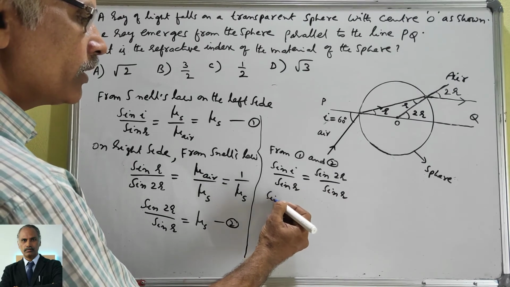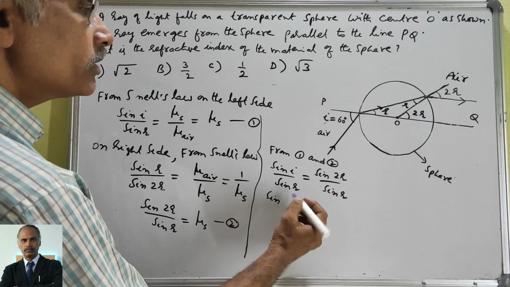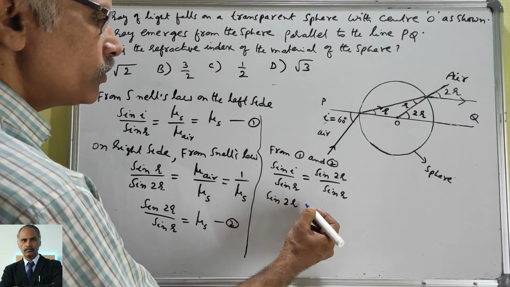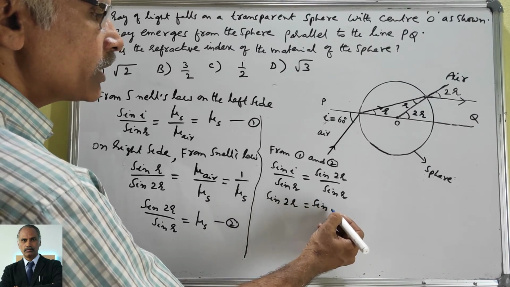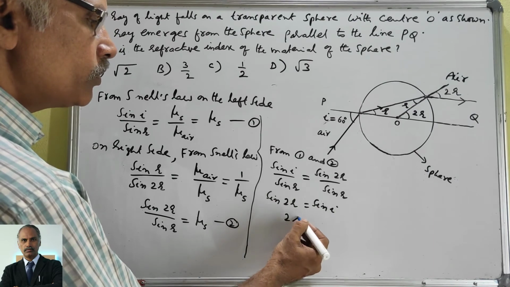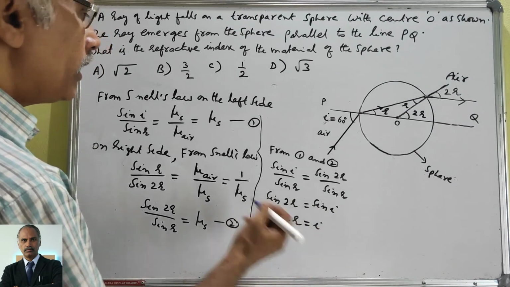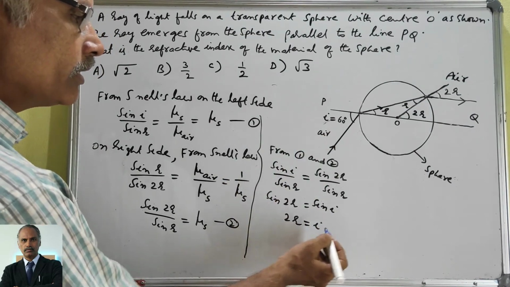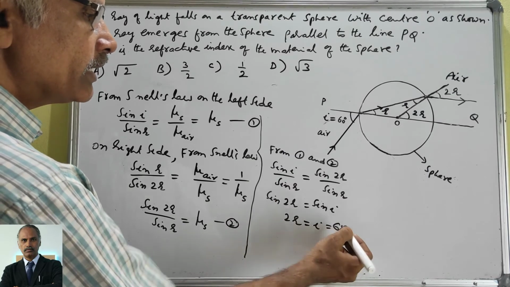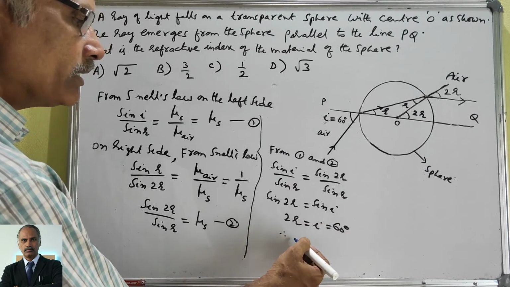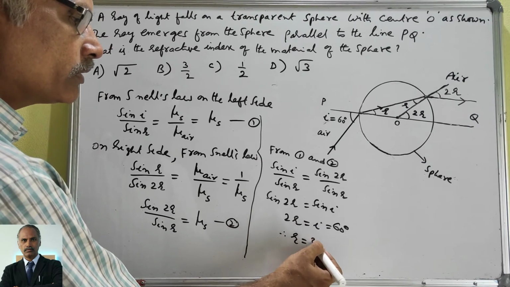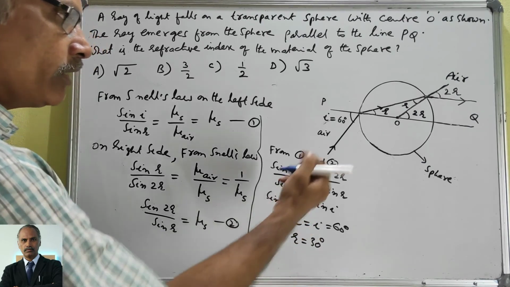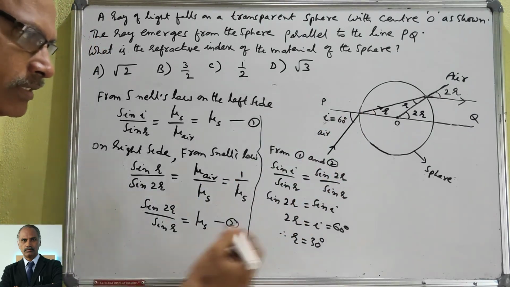From here you get sin 2R equal to sin I. That means 2R equals I, and I is given as 60 degrees. Therefore R is equal to 30 degrees. So the angle of refraction R is 30 degrees.